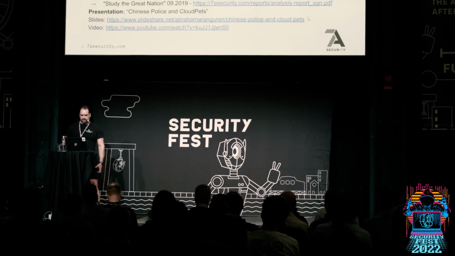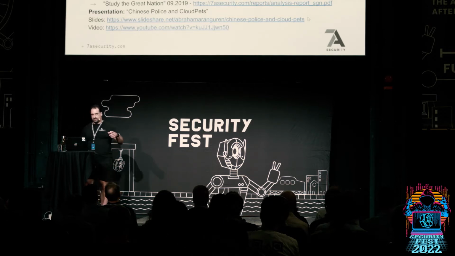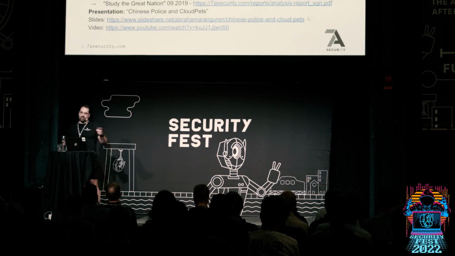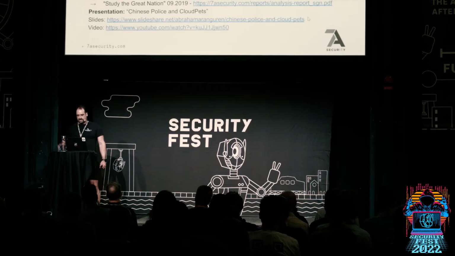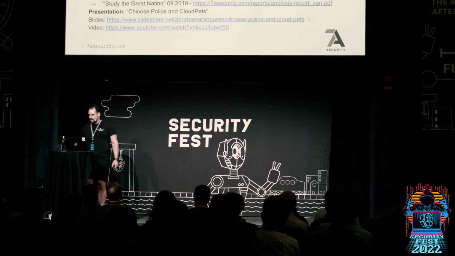Other stuff we did was with the Chinese police, Chinese government apps. BXAQ is an application that the Chinese police install on your phone when you cross the border. It grabs your contacts, your SMS messages, what applications you have installed and stuff like that, and then uploads everything to a police control server. iJob is more for the police officer to enter information manually, like blood type, height, power consumption, and other stuff like that.